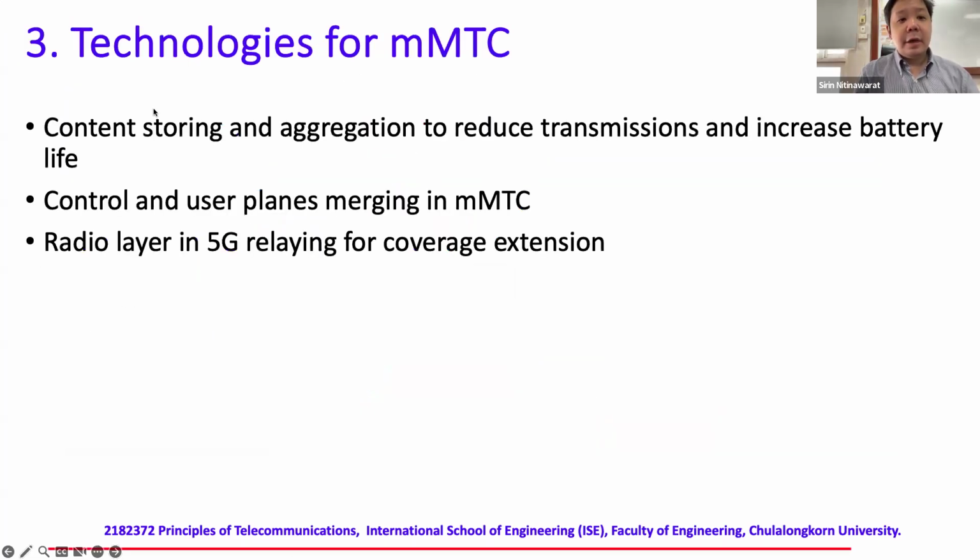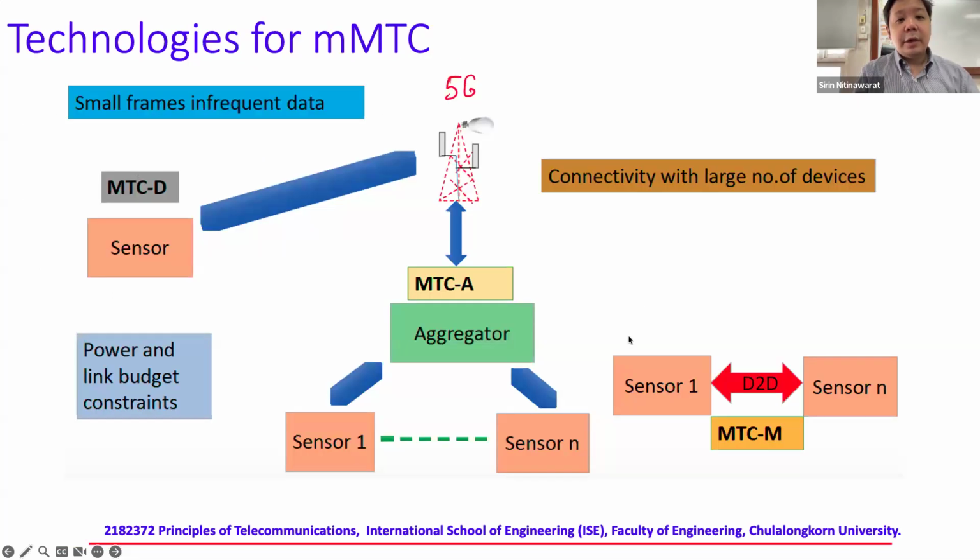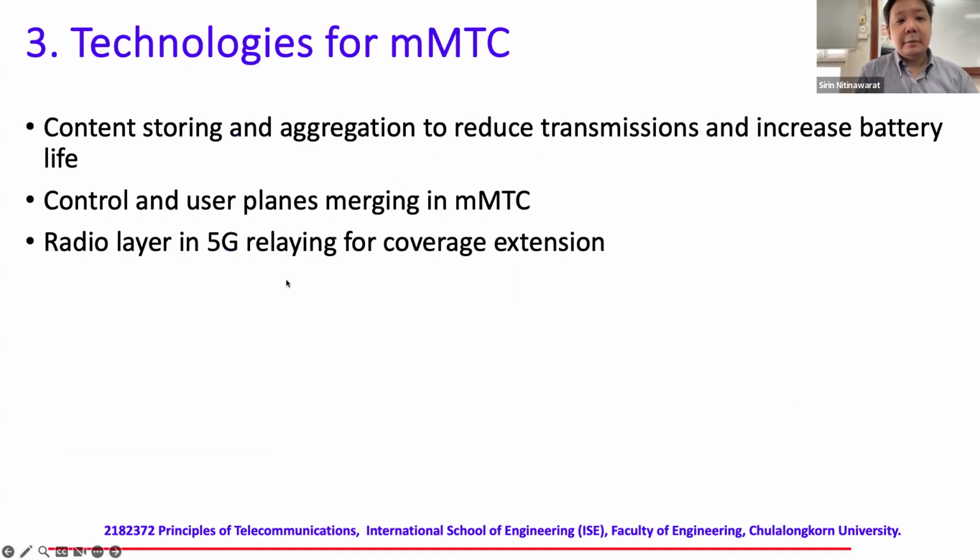Here, to reduce transmission at the intermediate level, the user can deploy an aggregator to lump up communication from multiple sensors before forwarding it to the network.